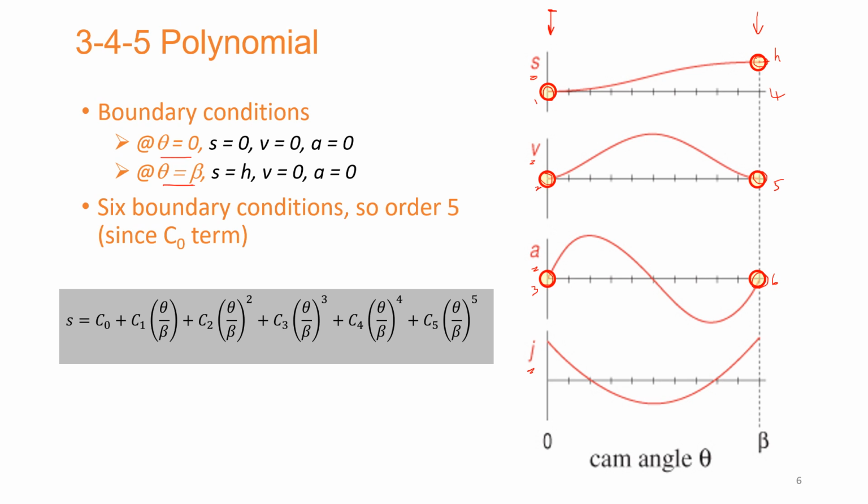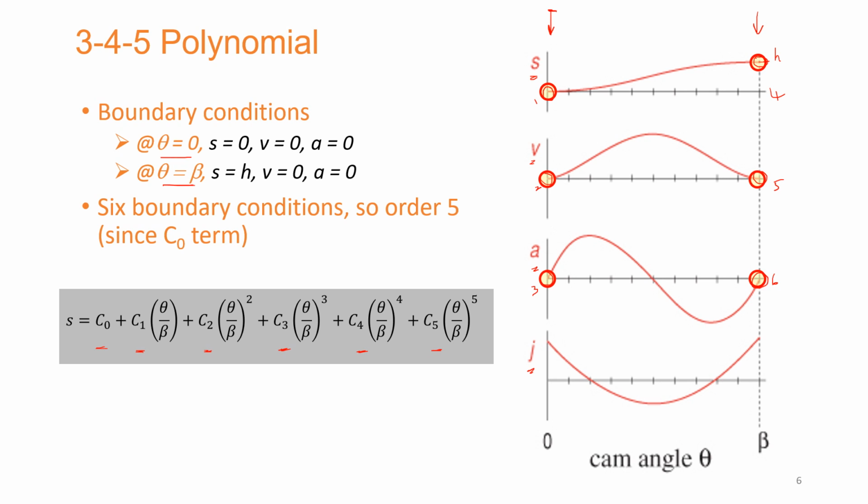So in total you have 6 boundary conditions, and these 6 should correspond to the 6 coefficients of the polynomial. So you can now see that in case of the polynomial you have C0 as the first coefficient, then C1, C2, C3, C4, C5, which gives 6 coefficients over here.